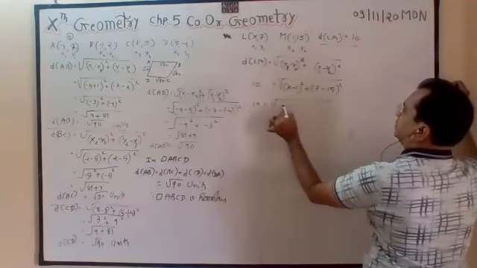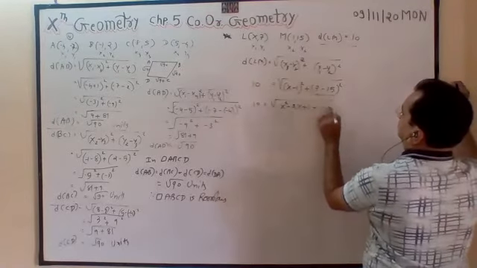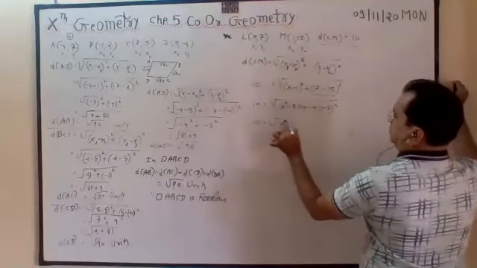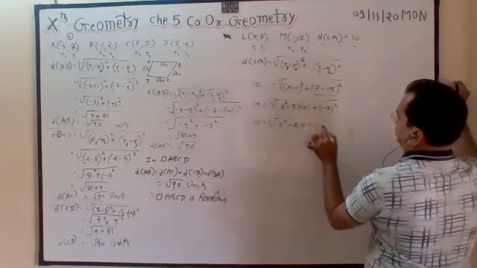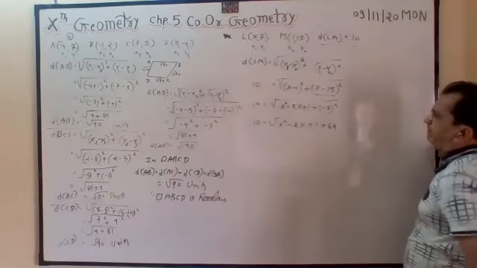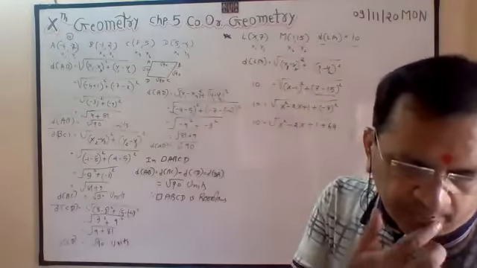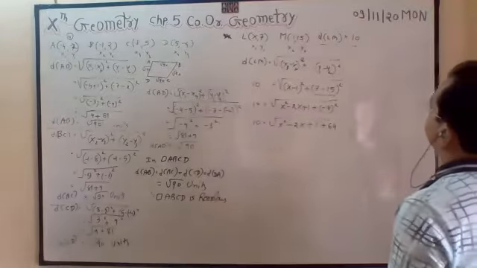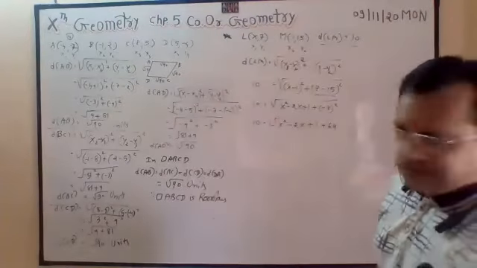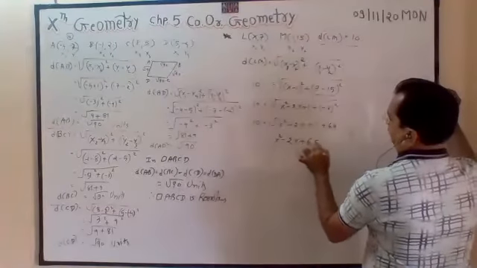So 10 is equal to under root x square minus 2x plus 1 plus minus 8 square, which is x square minus 2x plus 1 plus 64. Correct? So x square minus 2x plus 65.